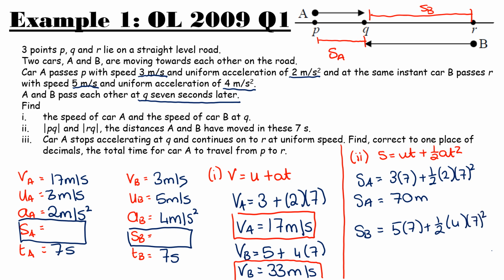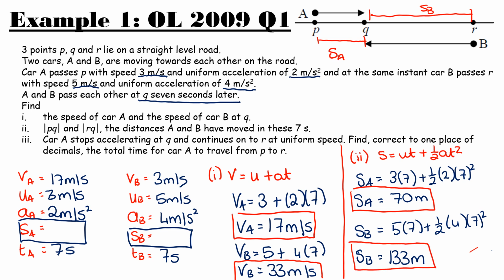So that's 49 times 2, so that's our 98, and 98 plus our 35 gives us 133 meters. So there are two answers for part 2, our sA, the distance traveled by A, and our sB.